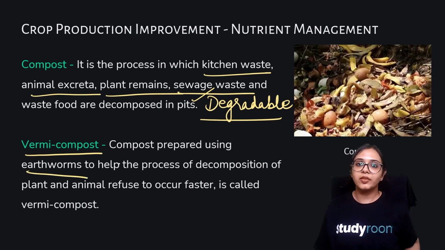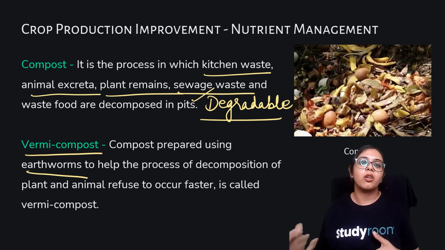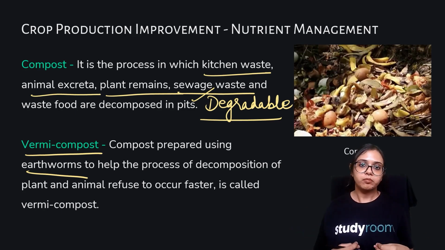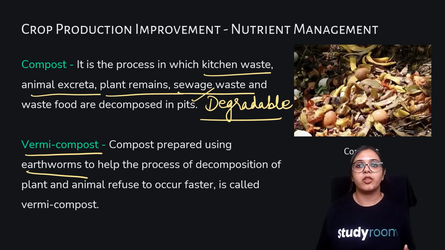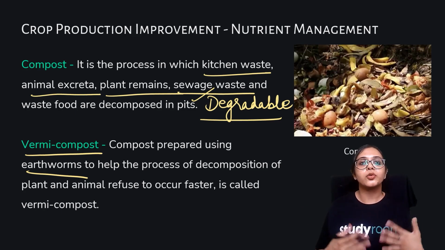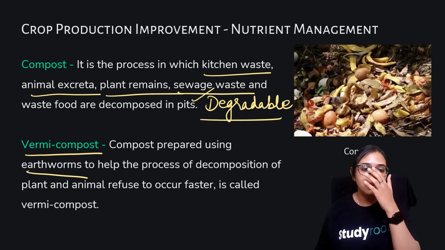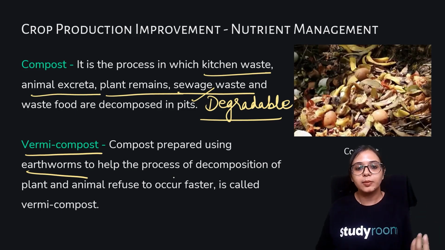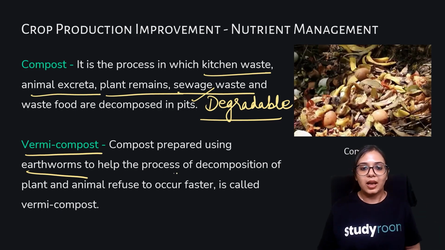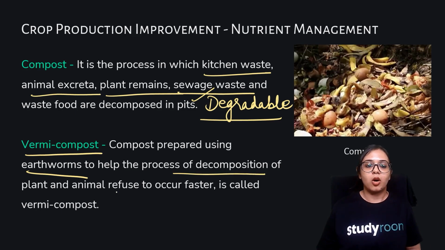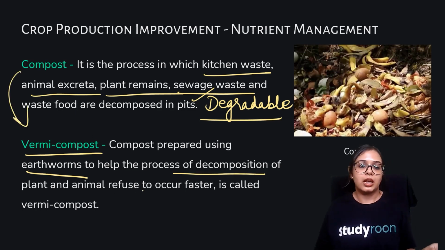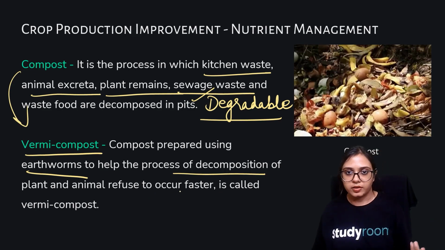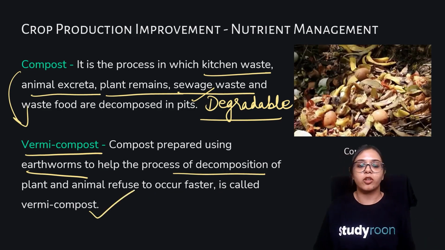You're adding other living organisms, earthworms or other organisms, that act upon these dead plant and animal remains and ensure that the nutrient quality is increasing. They hasten the process of decomposition of the plant and animal remains that you're getting from the compost. This process then occurs faster and more efficiently. So this is your vermicompost.